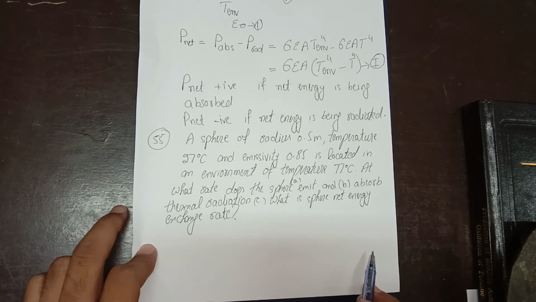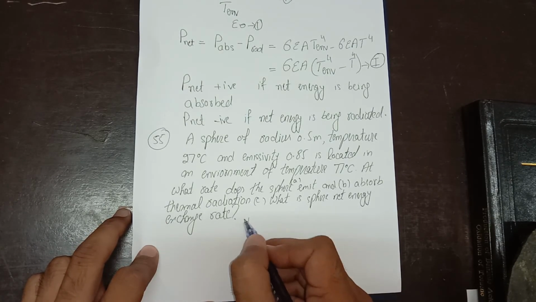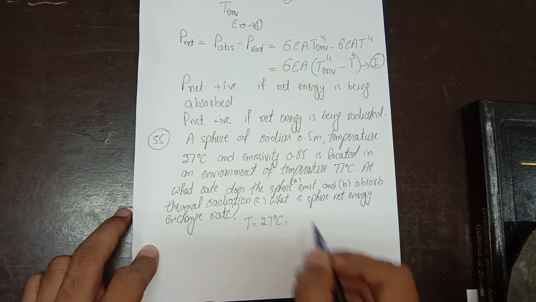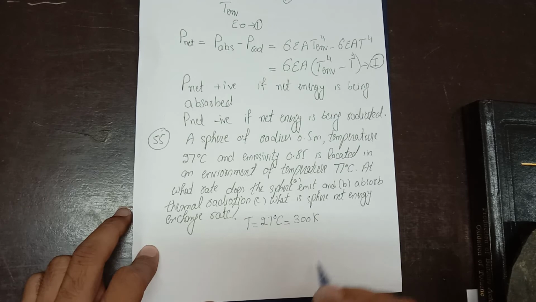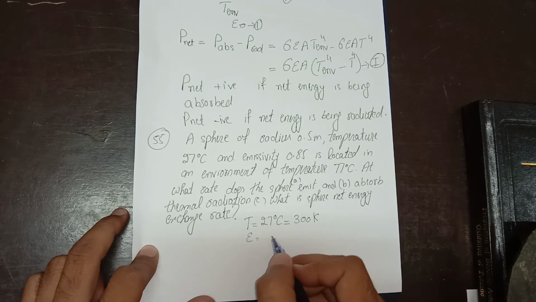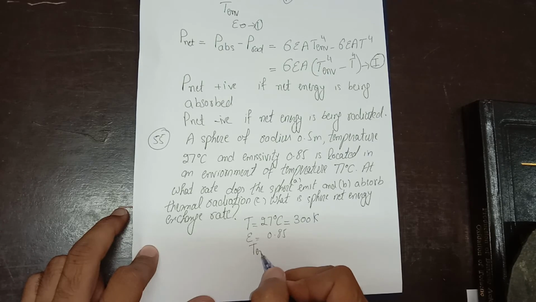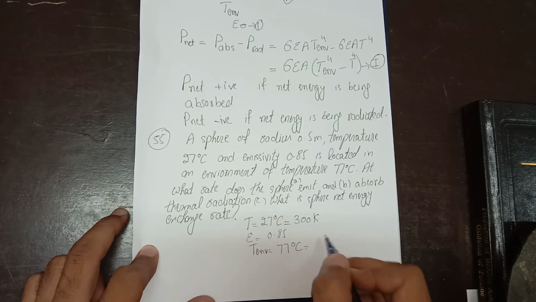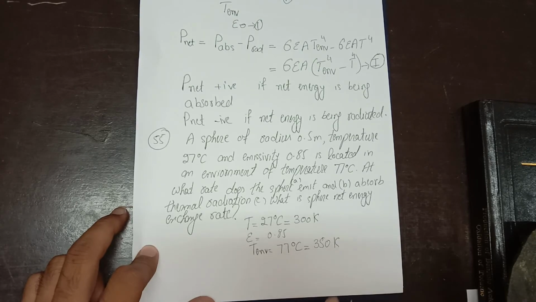So first, the temperature is given as 27 degrees centigrade. One has to compute it in terms of Kelvin. This would be equal to 300 Kelvin, and emissivity is given as 0.85, and the temperature of the environment is given as 77 degrees centigrade. That should be equal to 350 Kelvin.